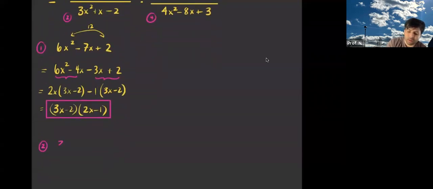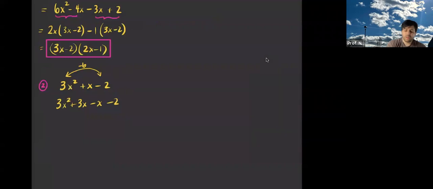So the next one is 3x squared plus x minus 2. So what do I do? Same thing, right? 3 times negative 2 is -6. What multiplies to -6 but adds to +1? We can do 3x squared plus 3x minus 2x minus 2.